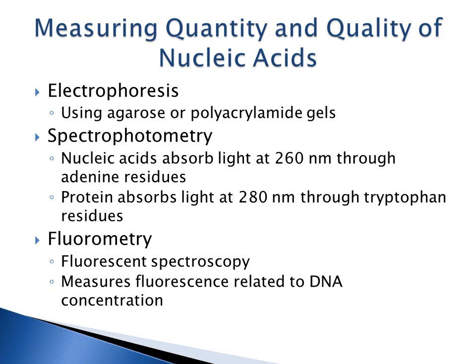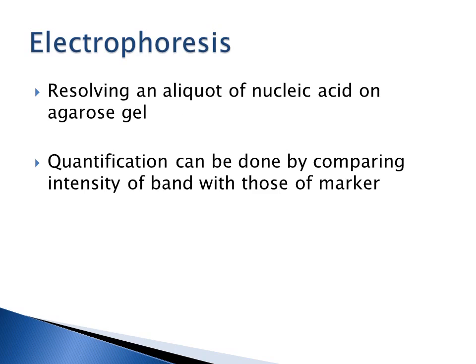Your nucleic acids absorb light at 260 nanometers through adenine residues. Your proteins absorb light at 280 nanometers through tryptophan residues. And fluorometry is a fluorescent spectroscopy, and it's going to measure the fluorescence related to the nucleic acid, I should say, concentration.